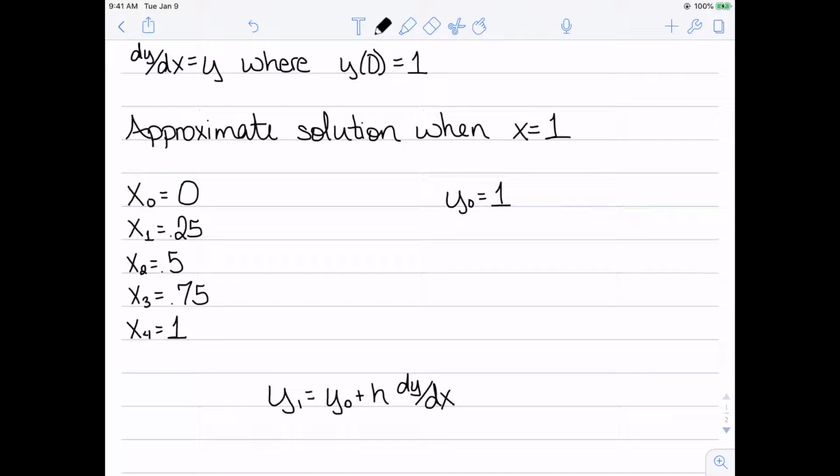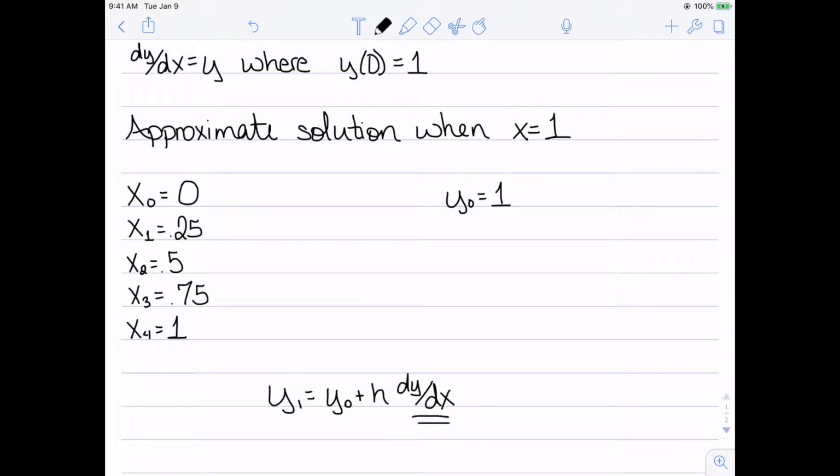The idea of this is we're drawing these little line segments between x0, y0, and x1, and this new value y1. We have the slope. The dy/dx gives us the slope of that line. h is the increment, how much we've stepped up. And then y0 just tells us where we initially started.